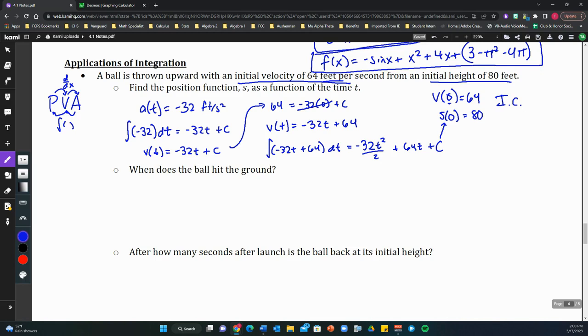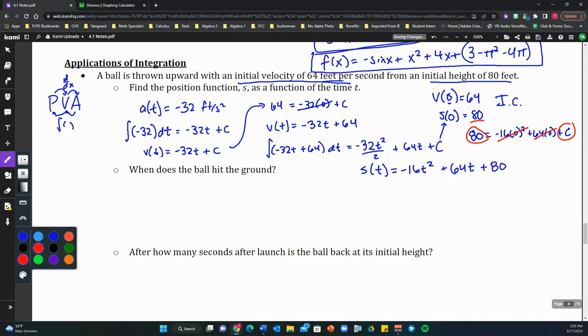So if this is my position function, 80 needs to be equal to half of negative 32, which is negative 16, times 0 squared, plus 64 times 0 plus c. But just like with the last one, these terms cancel out because of the 0, and we're left with our c value just equaling this initial condition. So that creates our position function: negative 16t squared plus 64t plus 80.